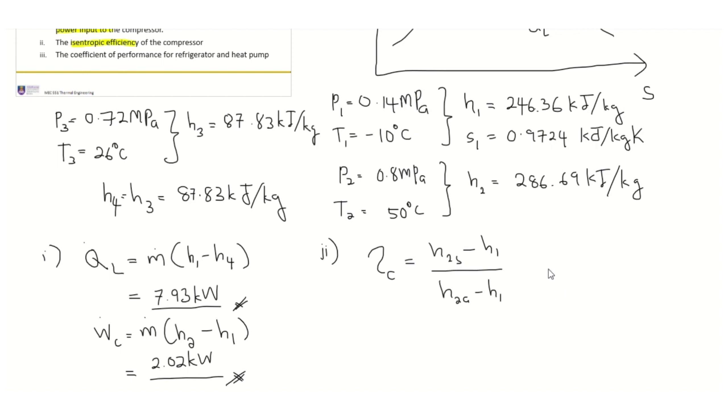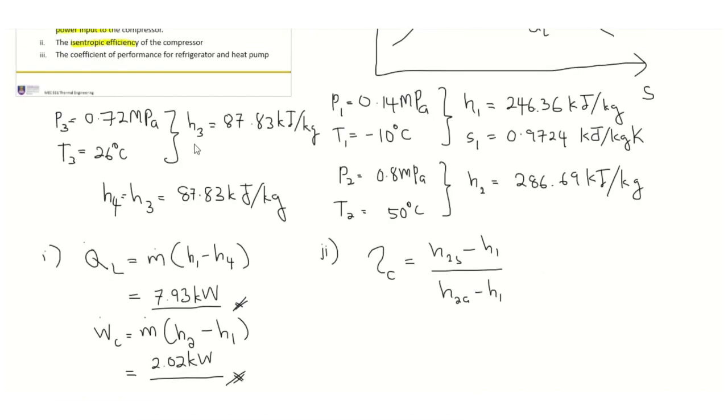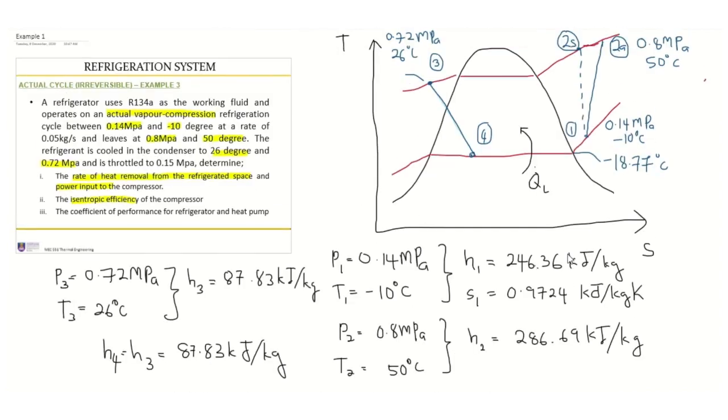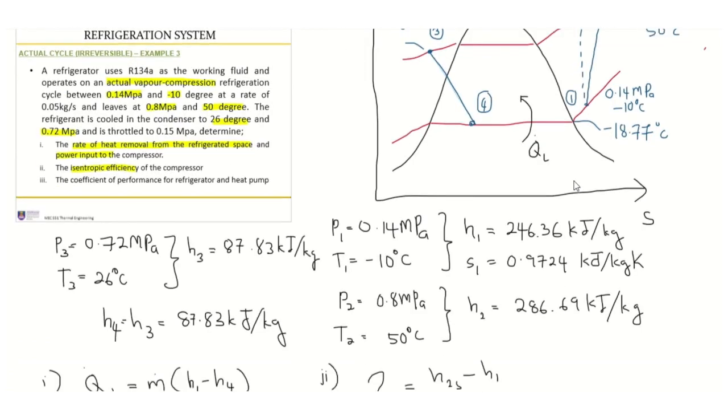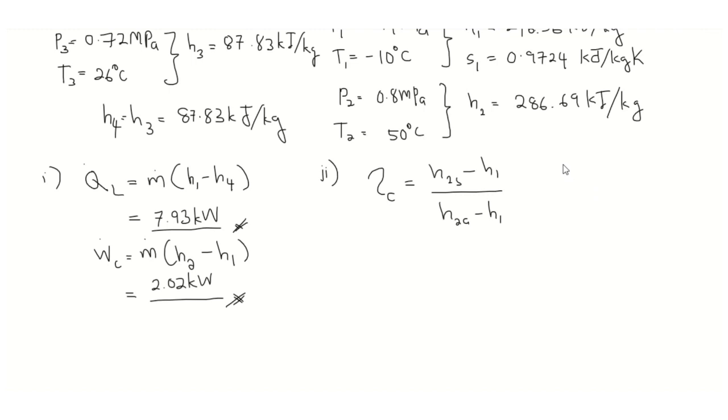So basically we have H1 and H2A, but we do not yet have H2S. In order for us to find H2S, we need to look at state 2S. At state 2S, P2S is still 0.8 megapascal.